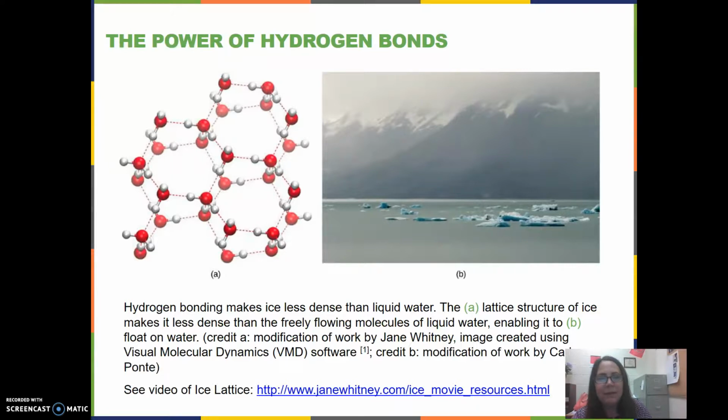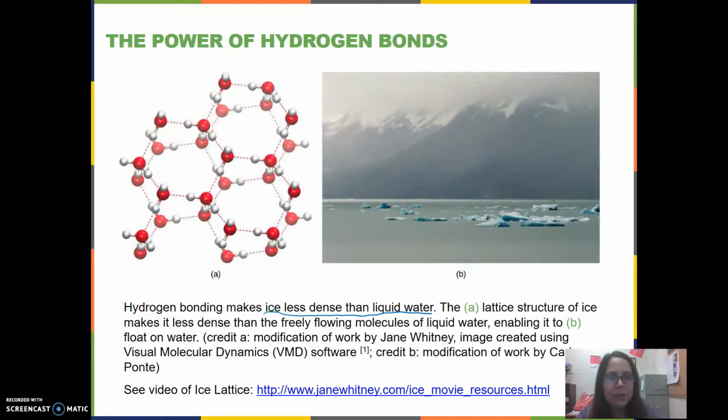And the way that the water molecules arrange themselves when they form ice makes ice less dense than liquid water. Most of the time when you melt a solid, the melted form, which is the liquid form, is lighter, it is less dense, and the solid form will sink in the liquid form.